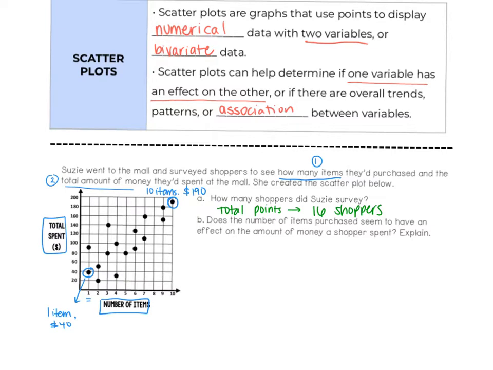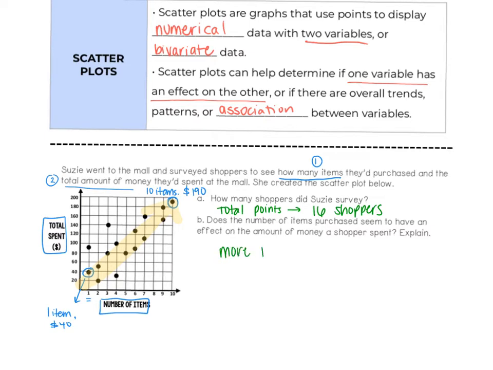Part B says, does the number of items purchased seem to have an effect on the amount of money a shopper spent? So what that's asking is, is there any sort of relationship between the number of items you buy and how much money you spend? And if we look at this graph, we can see that it's all going upwards, meaning the more items you buy, the more money that you spend.